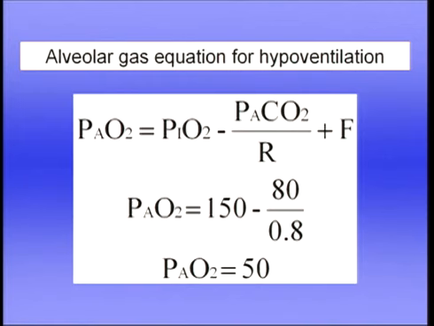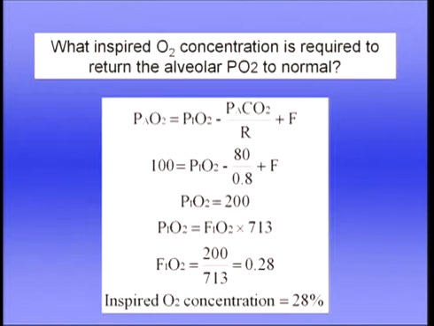Nice little problem. So let's look at how we can solve that. What inspired oxygen concentration is required to return the alveolar PO2 to normal when we've halved the alveolar ventilation? Well, again, we've got the alveolar gas equation here, and what we want is a PO2 of 100.